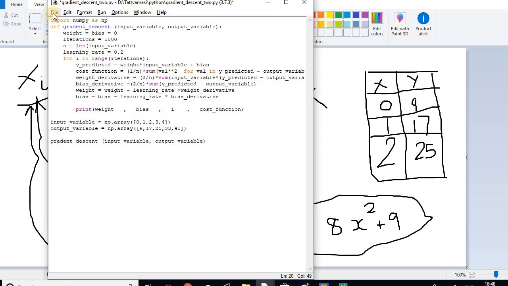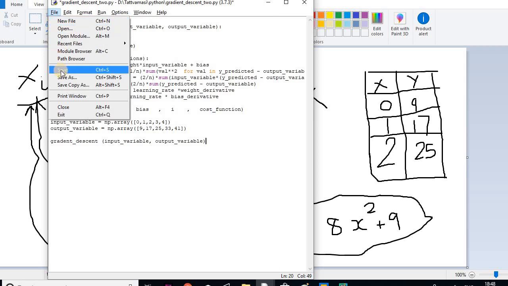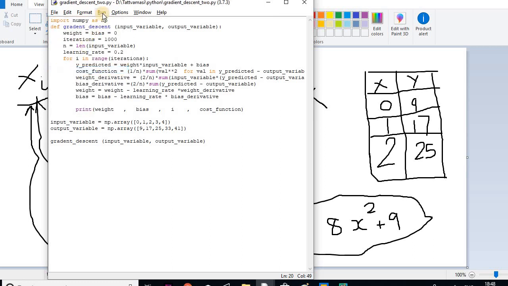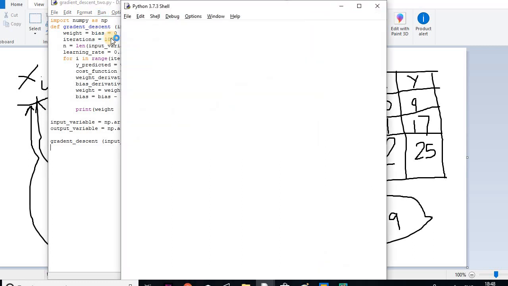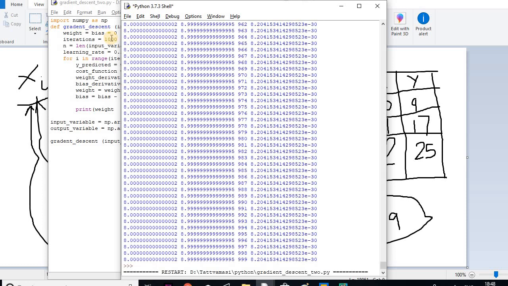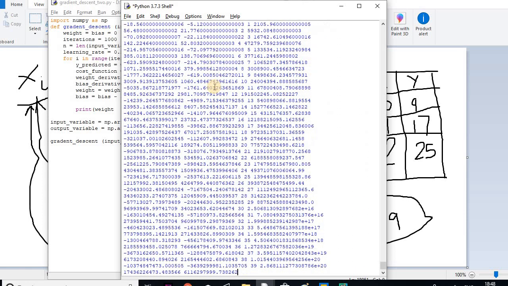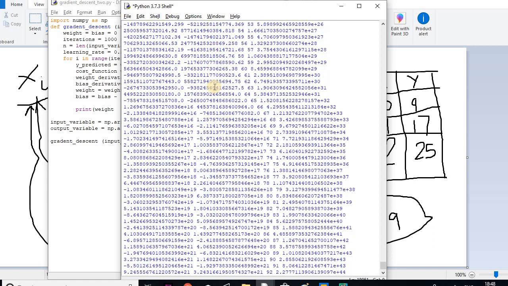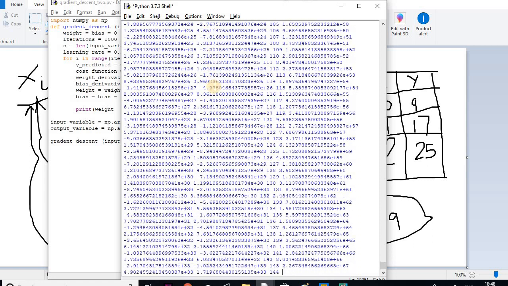Now let me run this program and see if any error is there. When I am running this, let me see how it is looking. See, it's showing no error, but you can see the values.